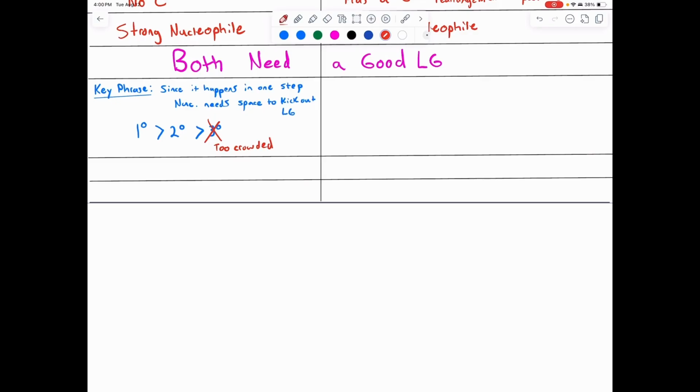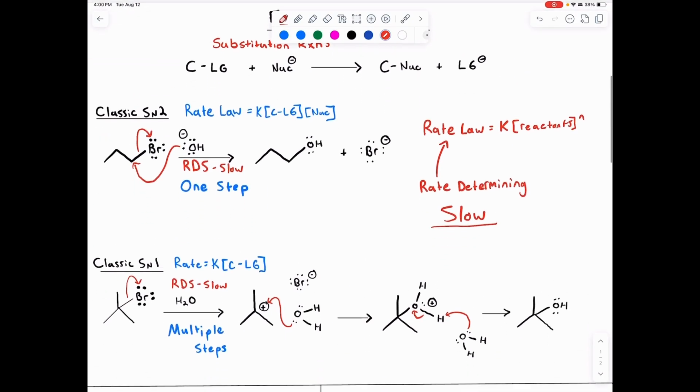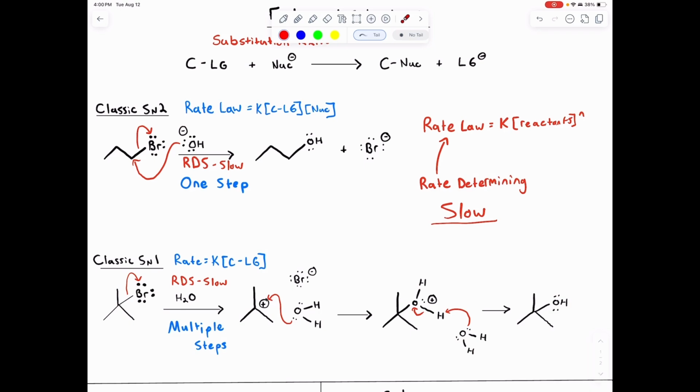So just to show you a little bit of that right now, of how to figure out primary, secondary, or tertiary, in this example here, you look at the carbon with the leaving group and how many carbons are directly attached to this carbon with the leaving group. Well, directly attached to it is only one carbon. So the example I gave you is ideal. This is a primary leaving group.